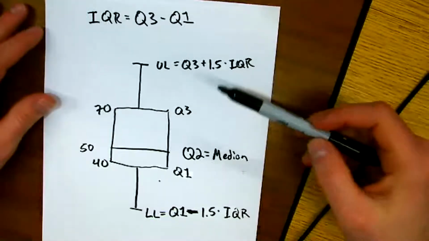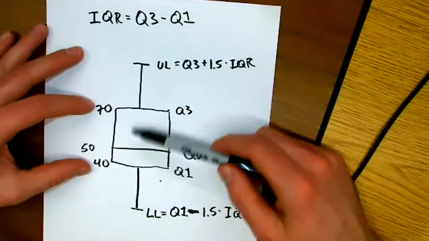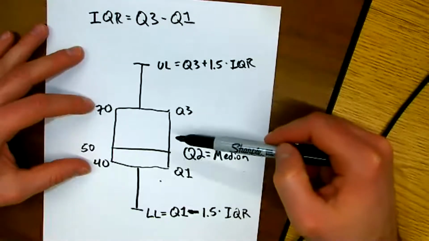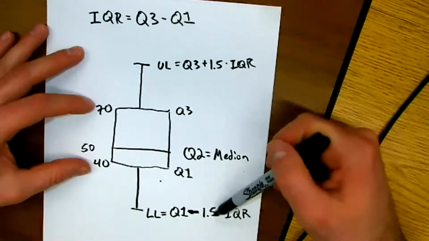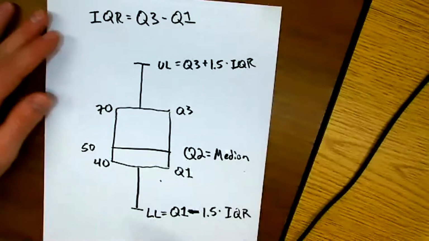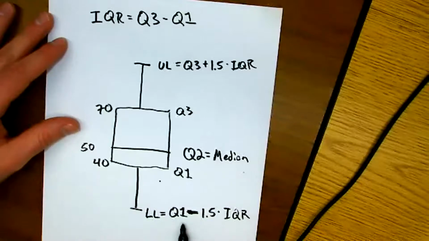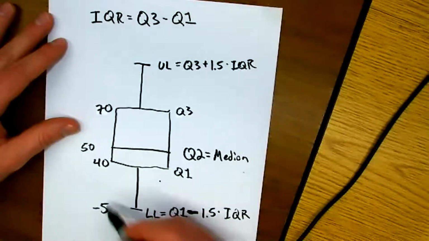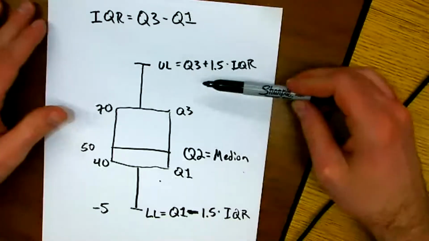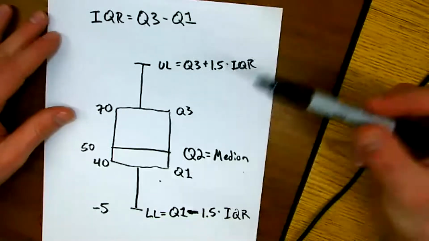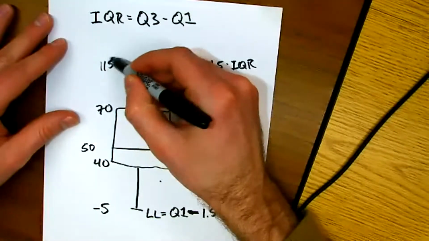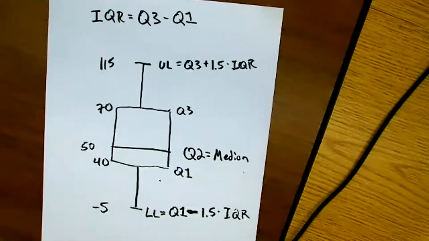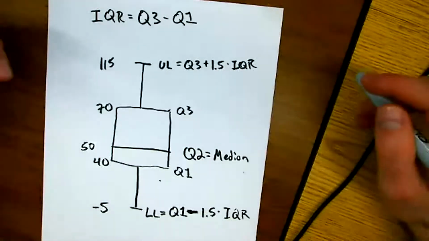If we do that math here, our interquartile range, the difference between our first and third, is 30. So 1.5 times 30 is 45. So go 45 below the first quartile, this would be -5. You go 45 above the third quartile, that gives you 115.